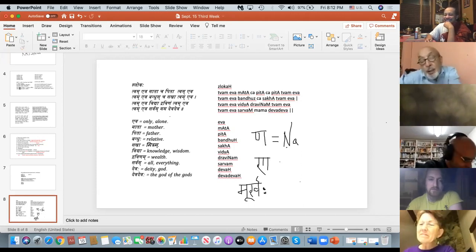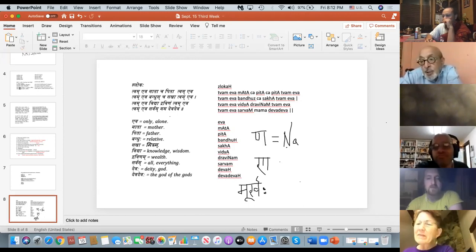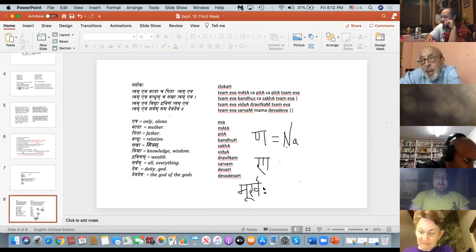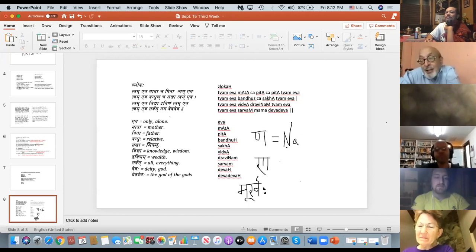In order to be able to read a Sanskrit book, you need 3,000 words. So if you are preparing to read Sanskrit, memorize 10 words every single day. It is not that difficult.